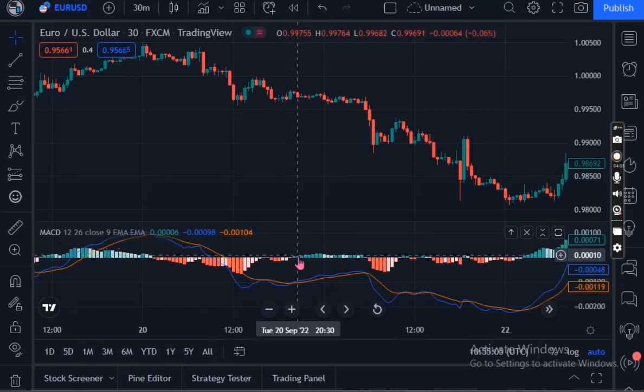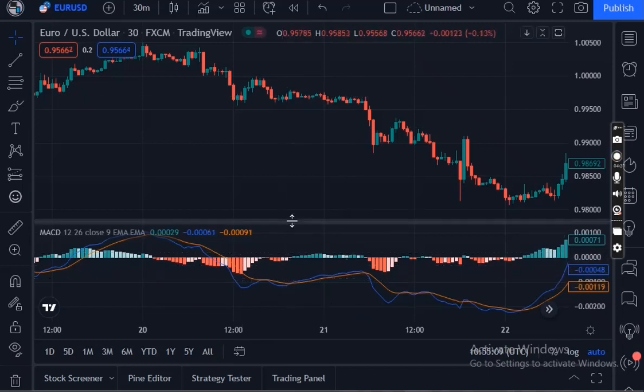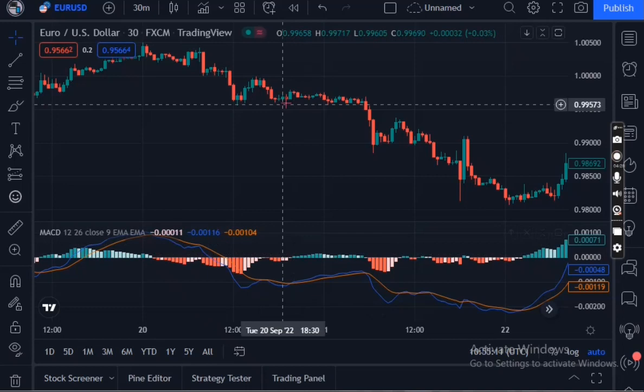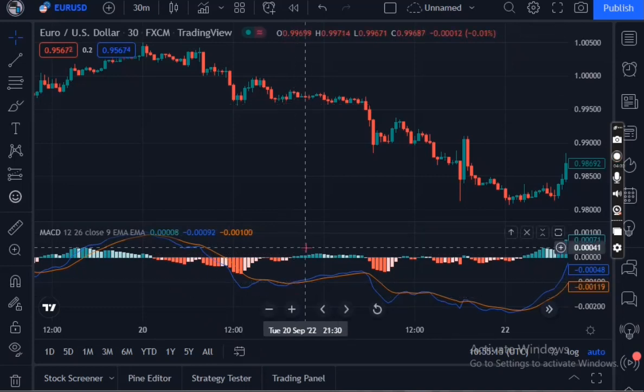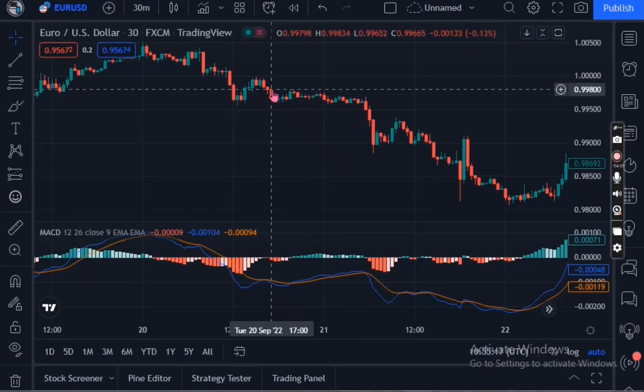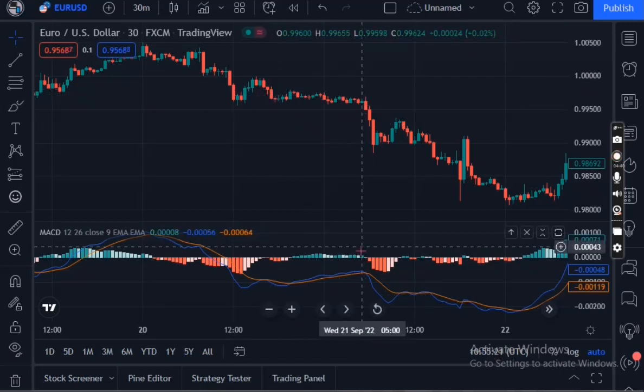We think, okay, the bank is going to buy, we place our trade, and the market just went sideways, and we would have actually lost here before it came all the way down. So there would have been a loss here.